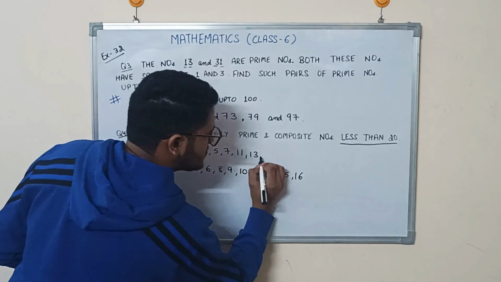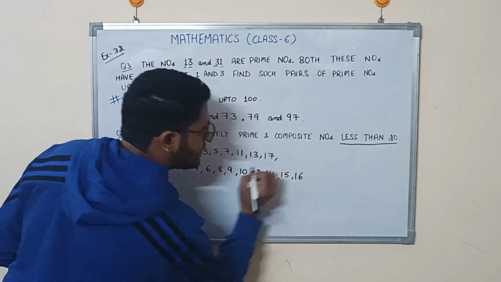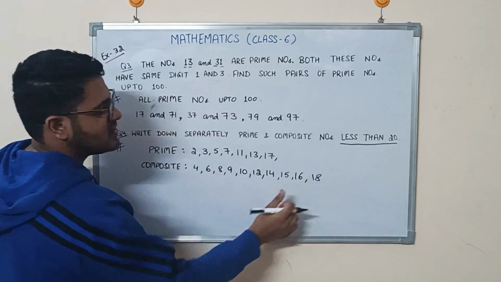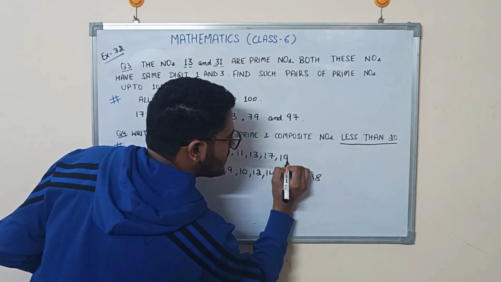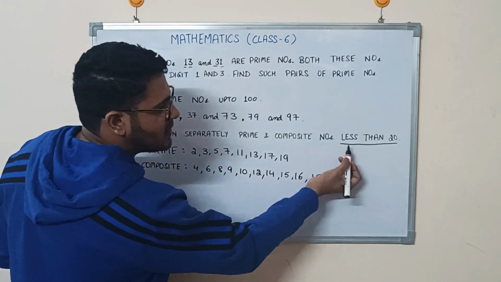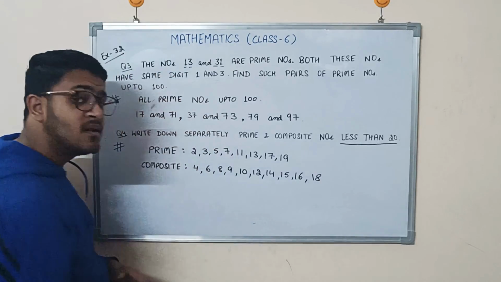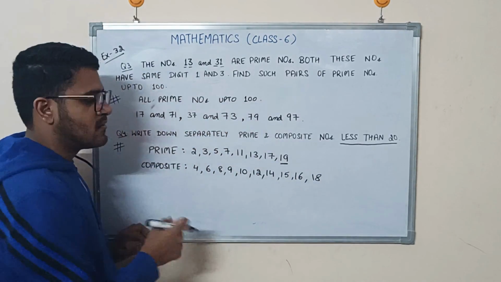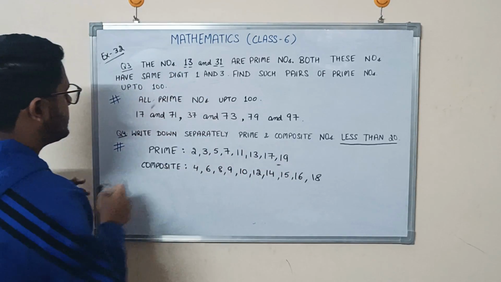Then comes 17. 17 is a prime number. 18 is a composite number. 19 is a prime number. After that we have 20. But we have to include all the numbers which are less than 20. So we will consider only numbers up to 19. So this way we are done with this question.